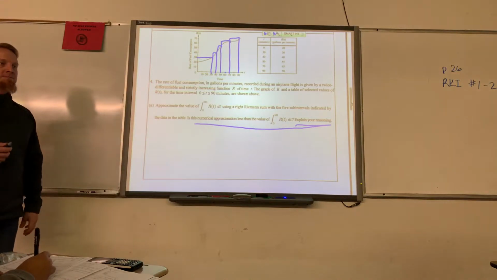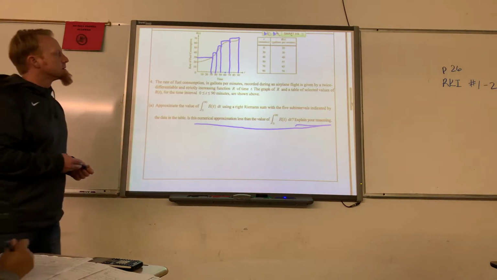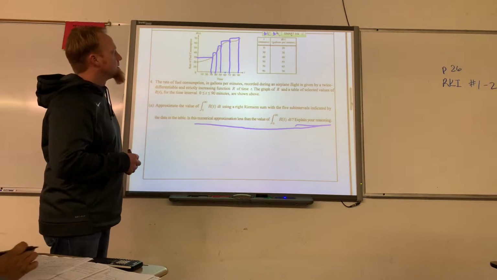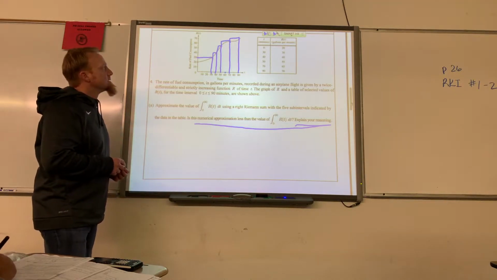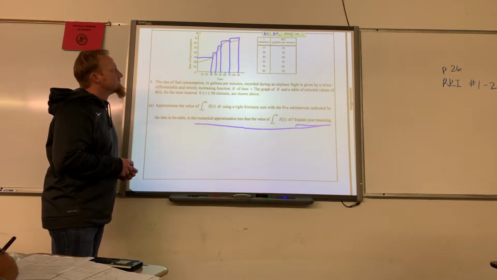If it was decreasing, how would the last one be under the line? Say that again. If your line was decreasing, how would the last rectangle be an underestimation?